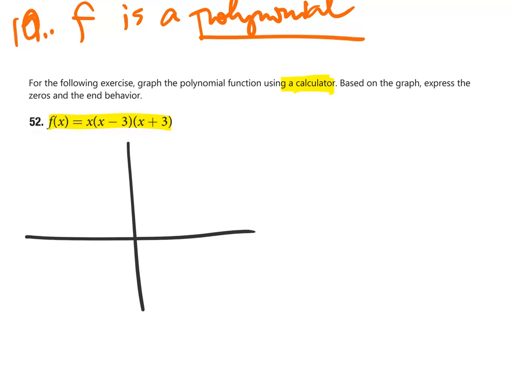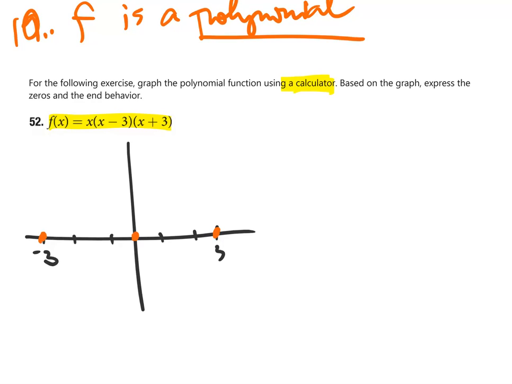You will see that you have a point at 0, for x minus 3 you have a point at 3, and for x plus 3 you have a point at negative 3. Meaning those are the zeros.